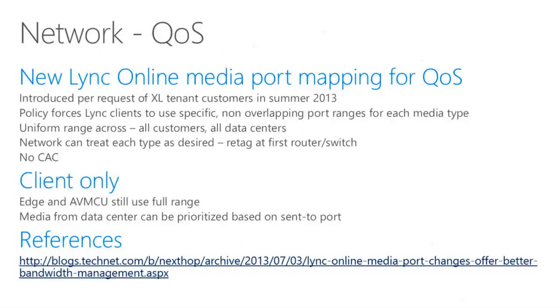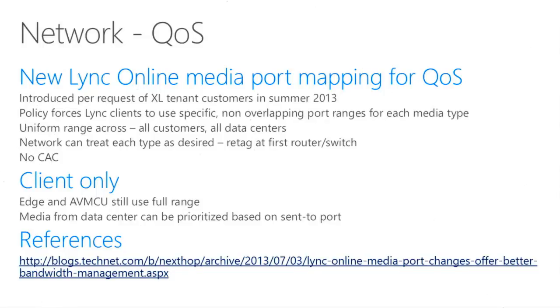QoS. So we introduced about 9 months ago, I guess, a new capability to map the various media types on non-overlapping media ranges. There's 20 ports, I think 50,000 to 50,019 for voice, and then 20 to 39 for video, and so on and so on. It's documented.